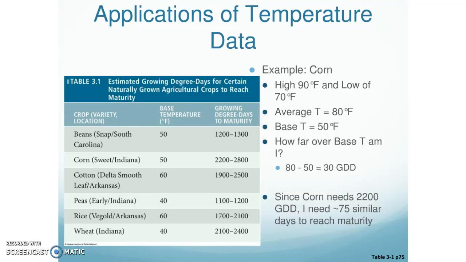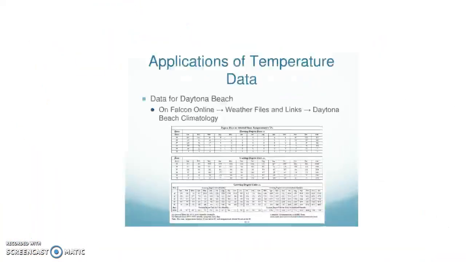And that number, the 75 days, and the base temperature, all of that information helps to determine when is the best time to plant crops. Very, very useful information for agricultural reasons.